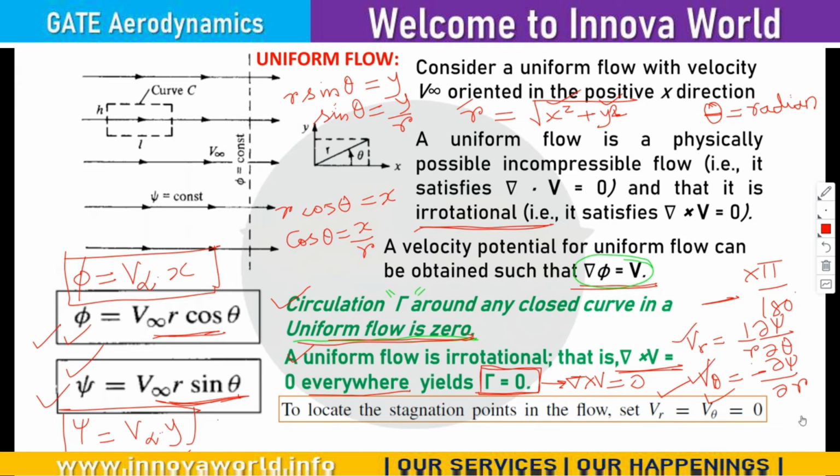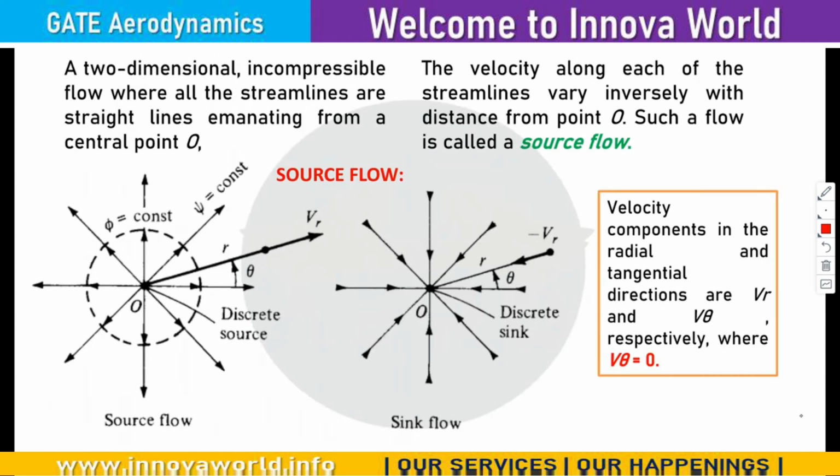Now this is about the uniform flow, and in a similar way we will move to the next flow, the source flow. Let's see what the source flow represents. From the word you can understand that the flow is starting or emerging from some point and expelling outwards from the center point.